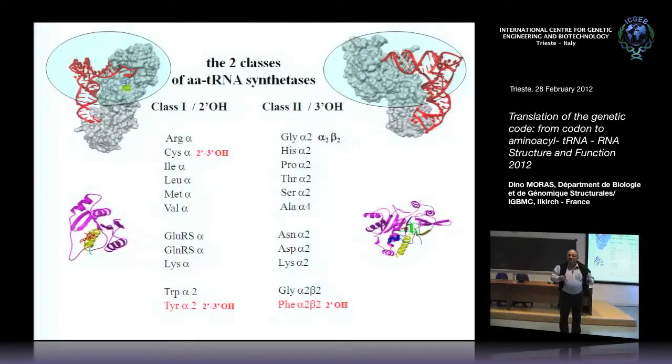With these two classes, it was strange. Just by sequence analysis, it was obvious that they were not the same at all, that you could not overlap them. They were different enzymes, and you're in trouble. Why two classes of enzyme to transfer the genetic information on the same molecules?